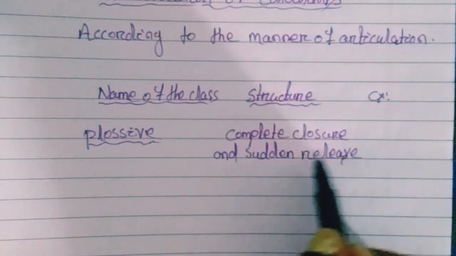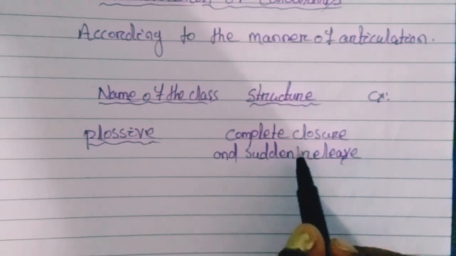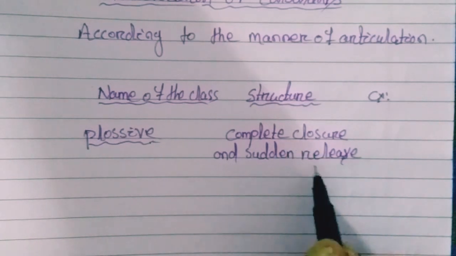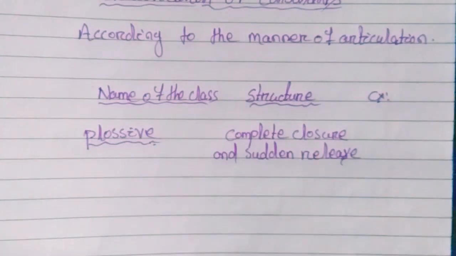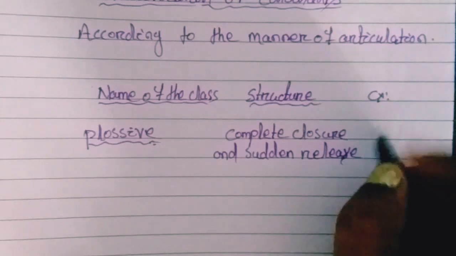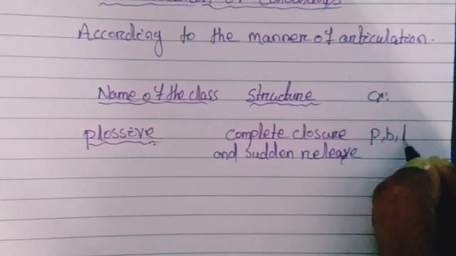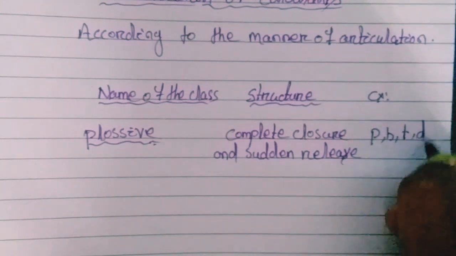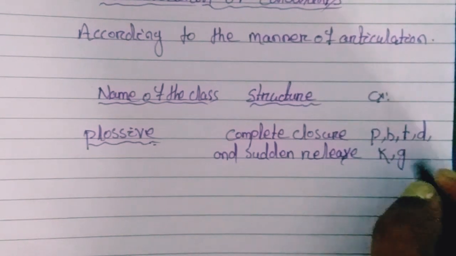Air in our mouth is completely closed and then suddenly released during the production of plosive sounds. And the examples of plosive are po sound, bo sound, to sound, do sound, ko sound and go sound.